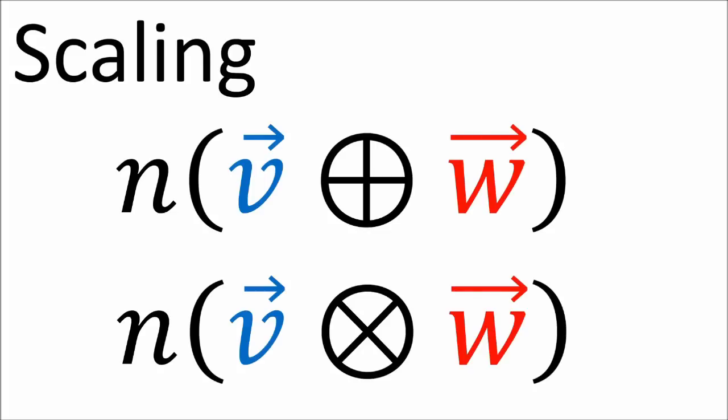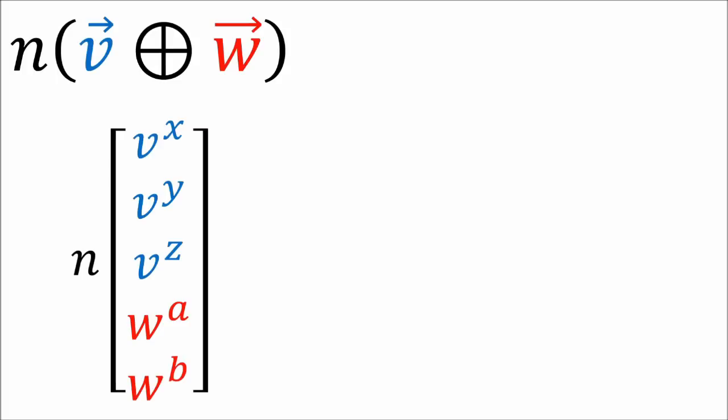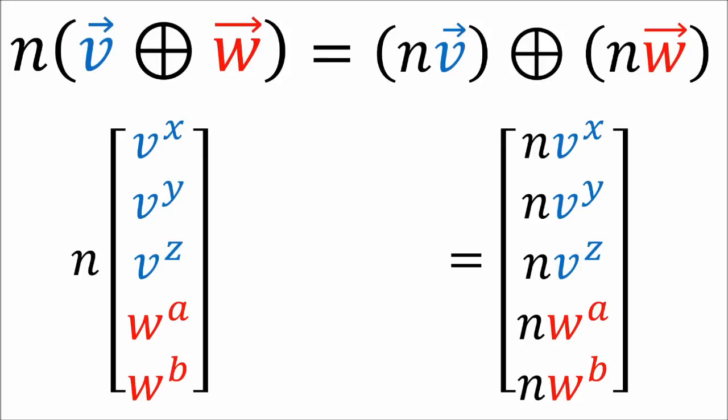An important difference between the direct sum and the tensor product is how scalar multiplication works. When we scale the direct sum of vectors V and W, we're scaling the entire column, so both V and W get scaled by the scalar. So when we scale a direct sum, both elements in the sum get the scaling coefficient.